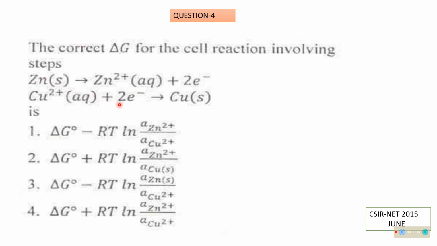These steps are the two reactions: one is an oxidation reaction and the other is a reduction reaction, the anodic and cathodic reactions. By combining these two, we get a cell reaction, and we have to find the delG for that cell reaction.